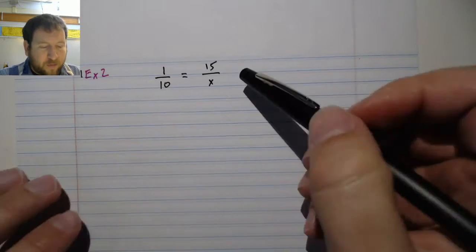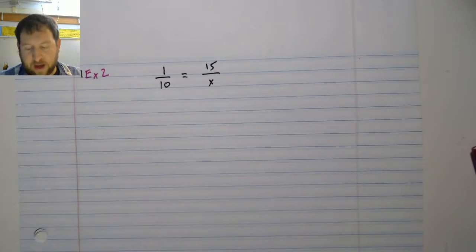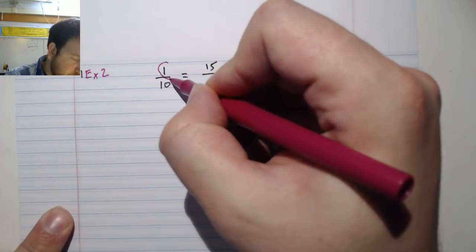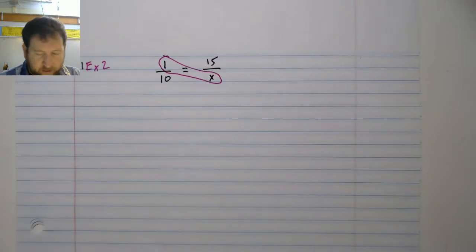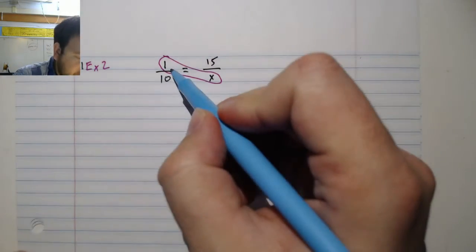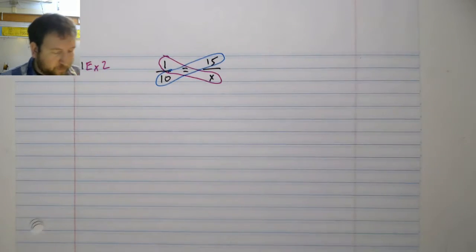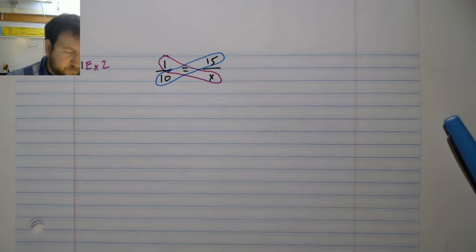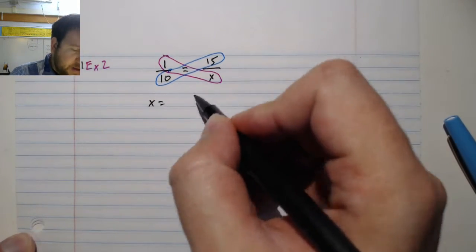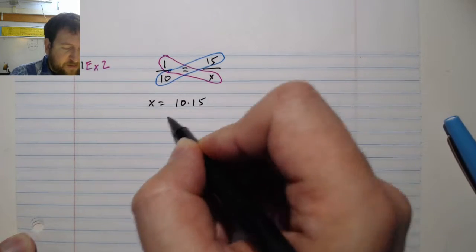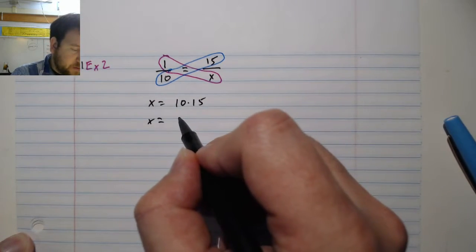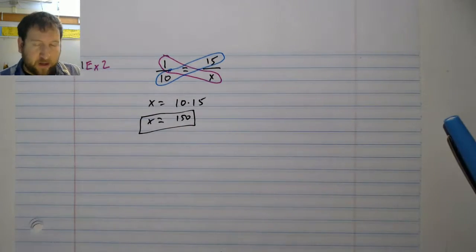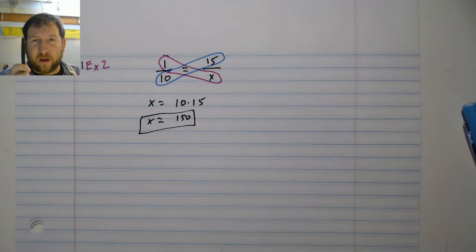Now, this one would be easy to solve using our previous style, but let's take a look at solving it using cross products. Again, I'm going to remind myself that I'm going opposites, my means times my extremes. And I can see that x equals 10 times 15. X equals 150. Well, I think that serves her right. She has a lot of pieces to pick up, and that's why you're not supposed to litter.